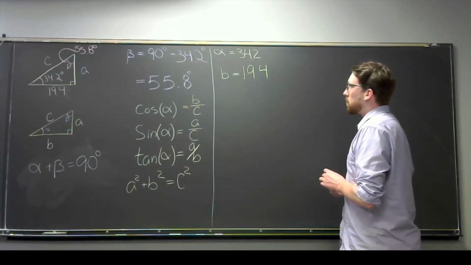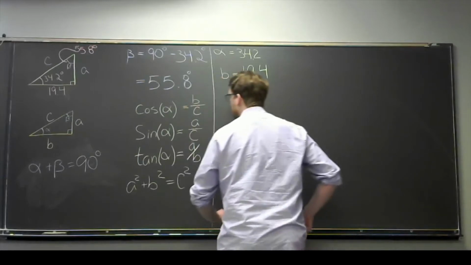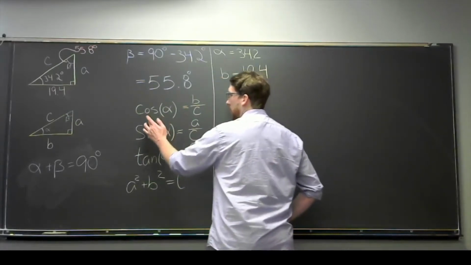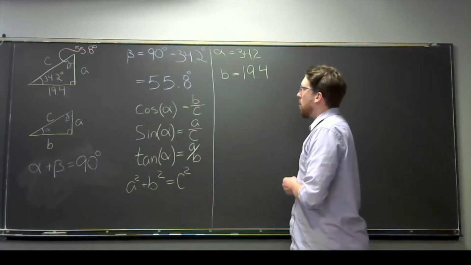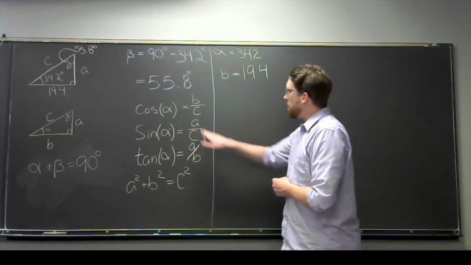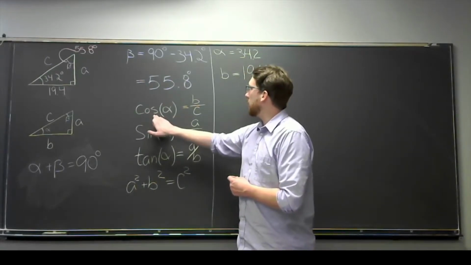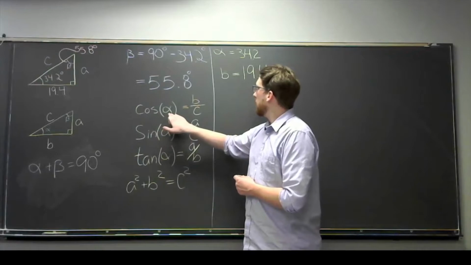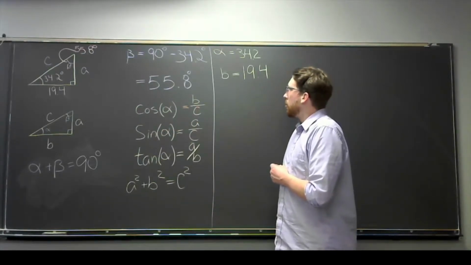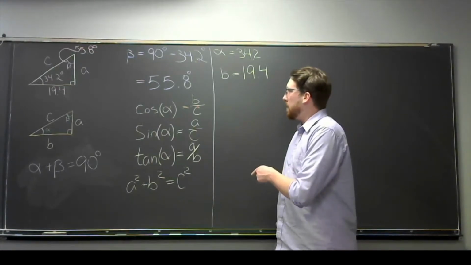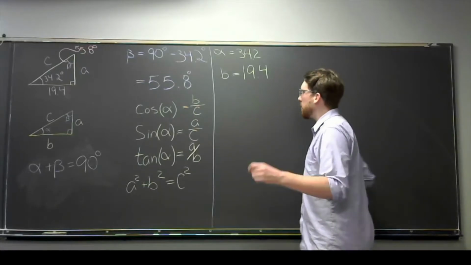Well, we can start by looking at cosine, and saying, if I multiply both sides by C, I'm going to have C times cosine of alpha is equal to just B. So if I divide B by cosine of alpha, that means I've got C. So let me write this out.